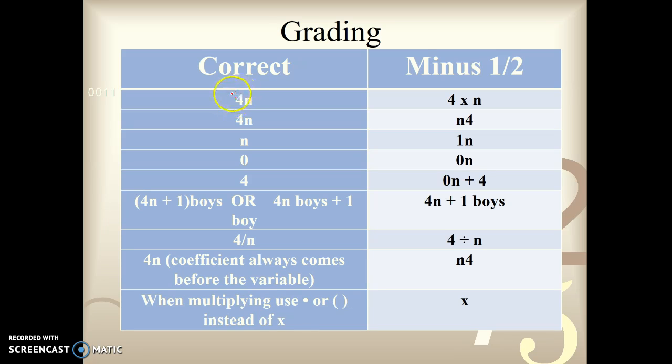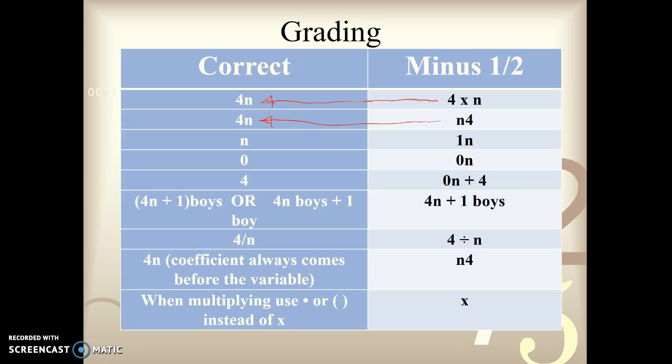So 4 times n is going to be written as 4n. If you write 4 times n like this, that's going to be minus a half a point. It is also appropriate in algebra to write the coefficient, which is the number, before the variable. So we don't write n4, we write 4n. So n4, or x4, y4, whatever, is going to be minus a half a point.